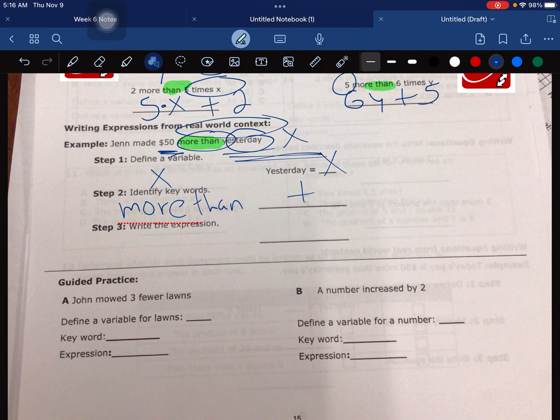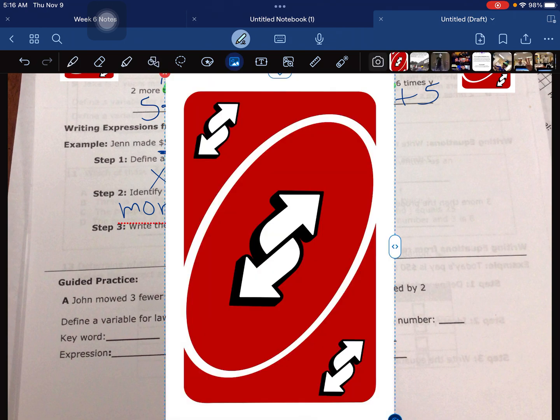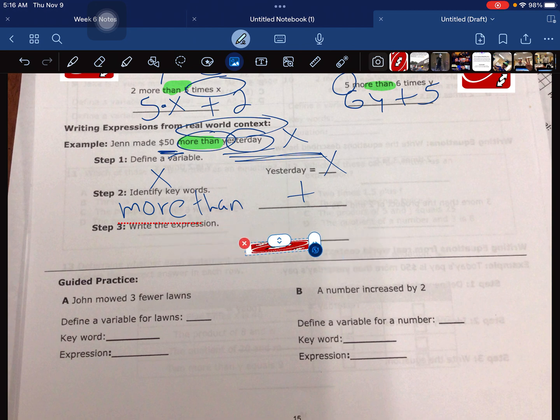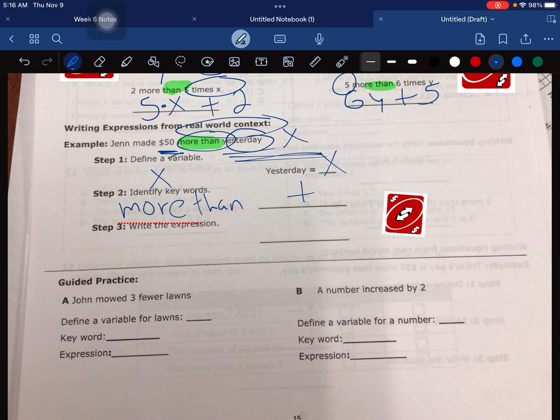Because uno reverse card. Where is it? There we go. Ay, está muy chiquito. Ahí está. So, X plus 50. This expression represents this statement, chicos. Are we good? So all we're doing is we're finding keywords, writing a letter, a variable, and just combining those two.